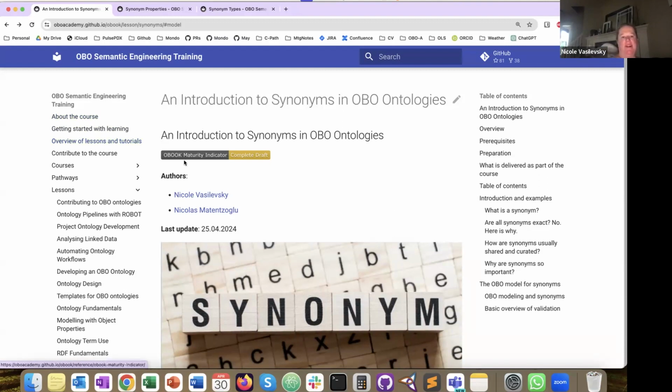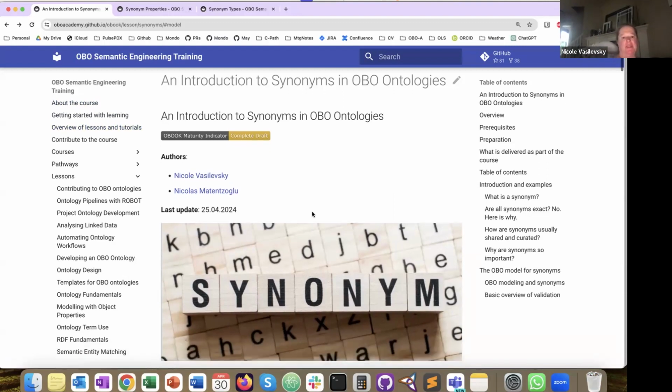The synonyms are alternative labels, alternative terms for terms in our ontology, but Nico put together this tutorial, and I contributed to it, as did Chris Mungle, and there's really a lot of nuance with synonyms and their uses in ontologies. So I think this is a really great comprehensive tutorial to keep in mind a lot of these different considerations that we need to consider when adding synonyms to our ontologies.